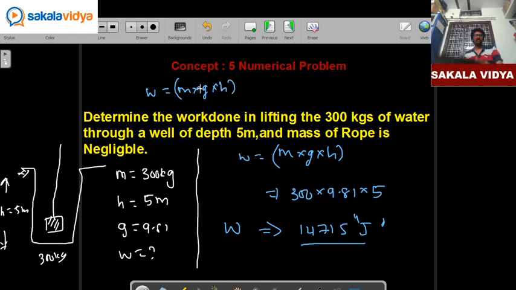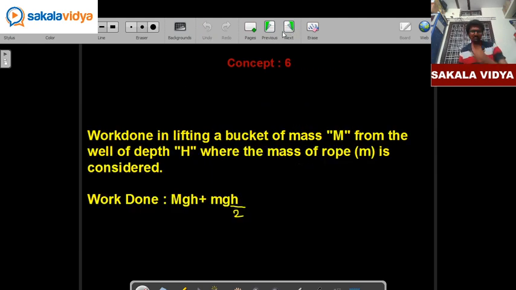Okay, now let us go for one more concept. The work done in lifting a bucket of mass capital M from a well of depth H, where the mass of the rope is small m, is considered. So what is the formula to find work done?